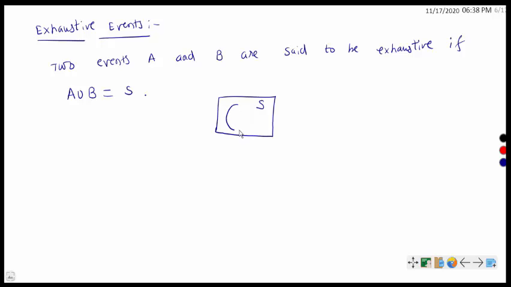Suppose this is A and this is B. So the union of these two, A and B, is S.